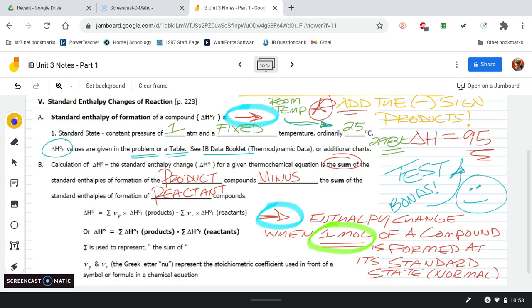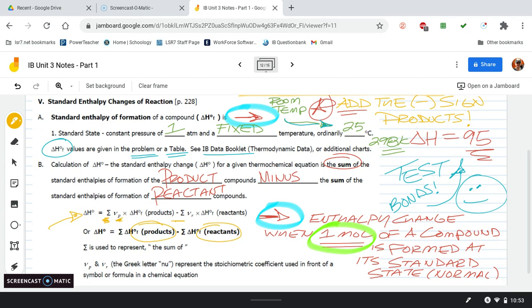So what does that boil down to? Add the numbers up for the products, add the numbers up for the reactants, and then it ends up being products minus reactants. Now, all of this stuff here just means sum, which means we're going to be adding.